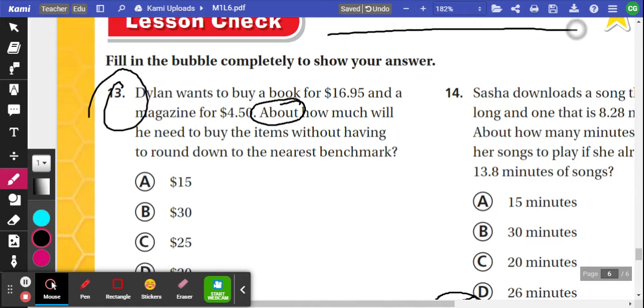Let me go ahead and draw a number line up here. If I have 0, and this is 5, 10, 15, 20.